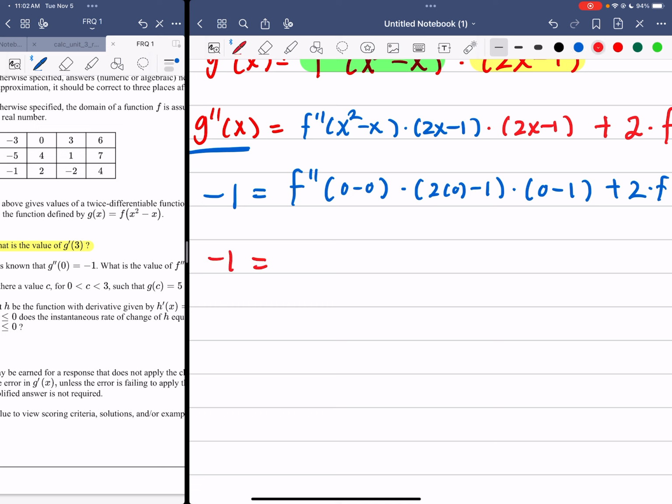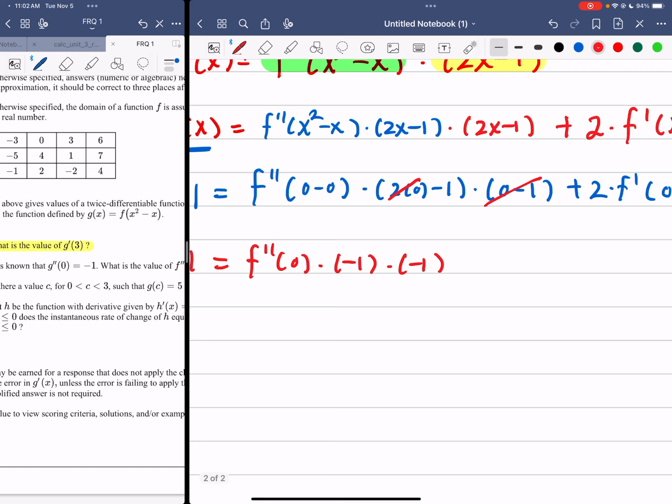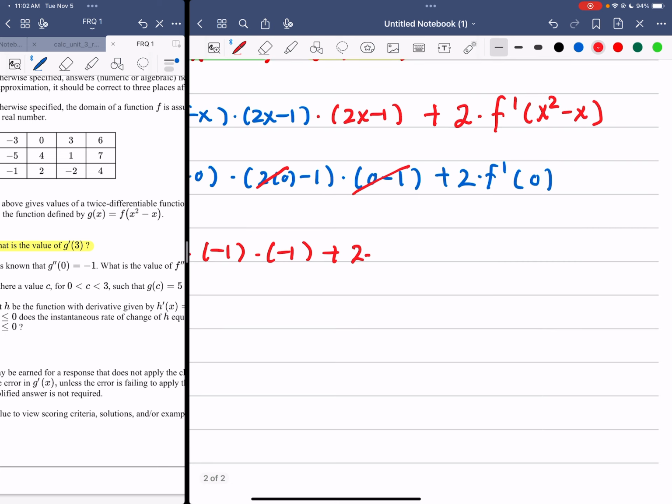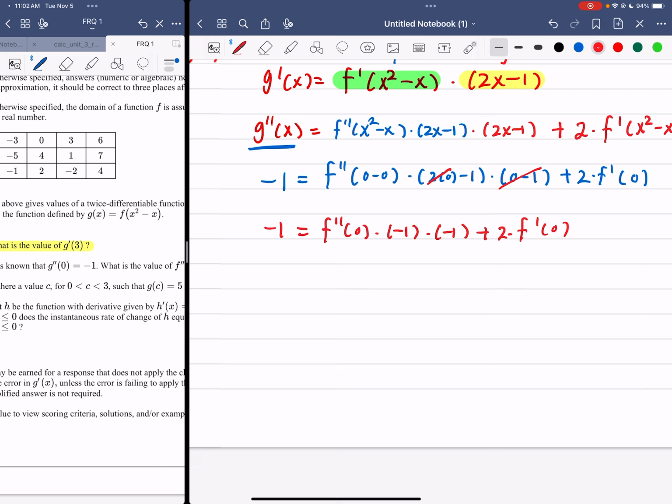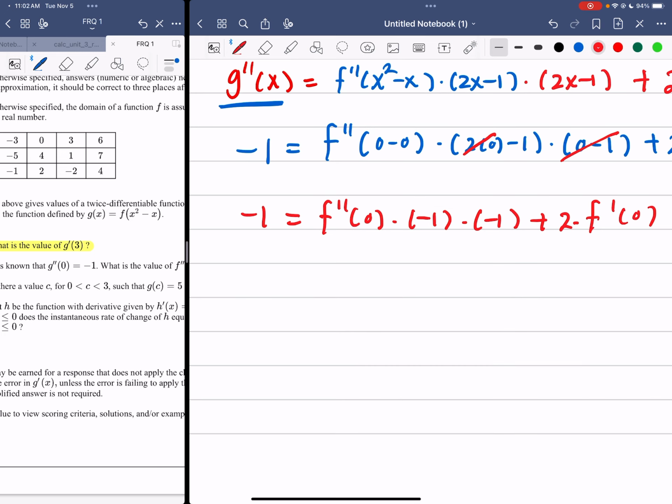So negative 1 equals f double prime of 0 times 2 times 0 is a 0, but I still have a negative 1, so I'm gonna have negative 1 times, this one is also negative 1, so I'm gonna write negative 1, plus 2 times f prime of 0. All right, so let's do one by one.